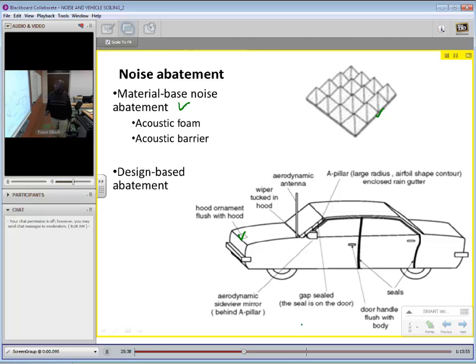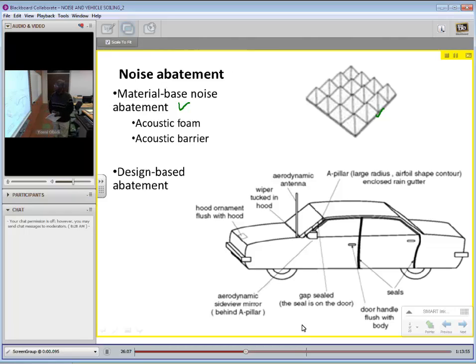It used to be, not too long ago, that the ornaments would stand up on the vehicle. Those are great sources of noise because the wind hits them, and they typically were not aerodynamic, which makes things even worse. They become sources of noise and of vibration, as a matter of fact.